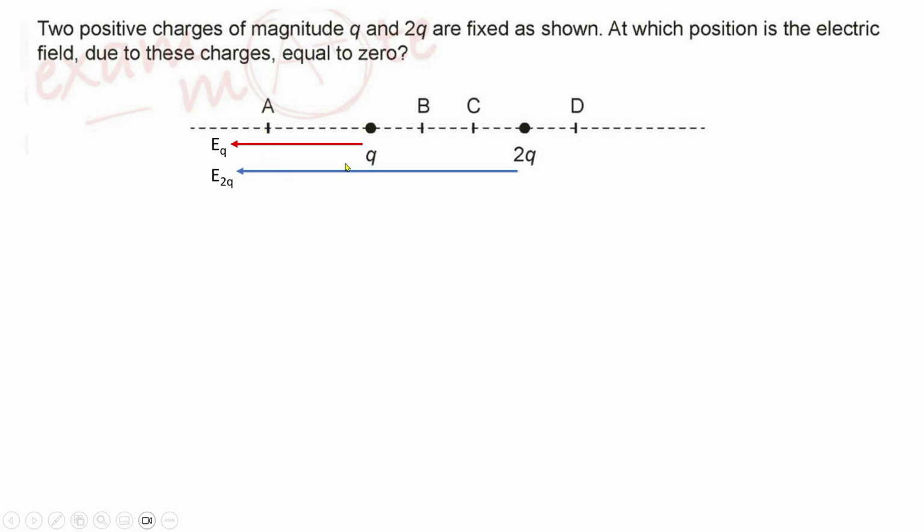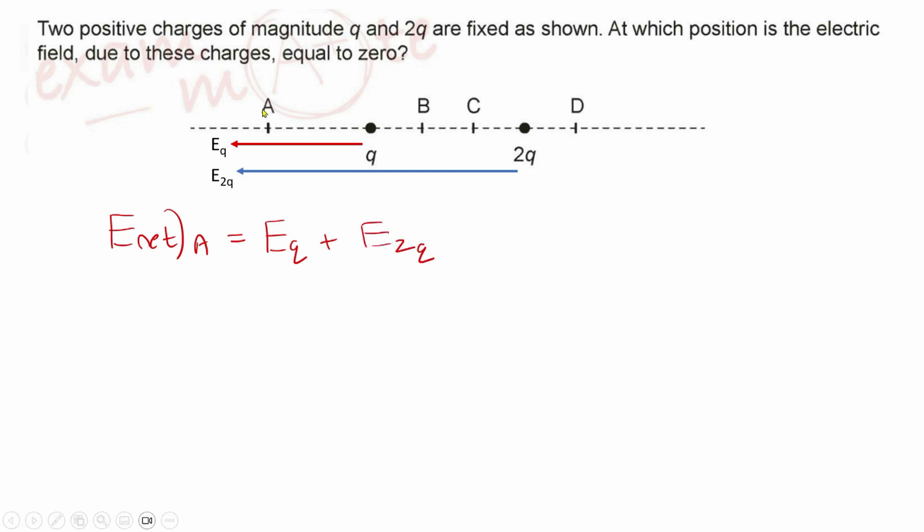Now observe, because of Q, the electric field is leftwards, and because of 2Q, the electric field at A is also leftwards, which means if we have to find the net electric field at point A, all we need to do is add the two electric fields. Since the two arrows are in the same direction, we will write EQ plus E2Q.